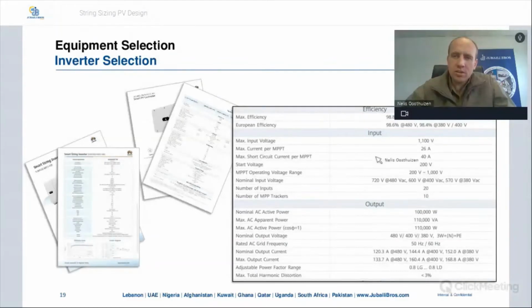Something important to consider as well when looking at a data sheet like this, if we're talking about South Africa or Huawei in our region, it's Middle East and Africa. Typically the data sheet is written for Middle East conditions, so your temperature conditions are a lot higher. They're working at 40 or 45 degrees. For instance, the 100 kTL in South Africa is actually capable of producing 110 kilowatts.